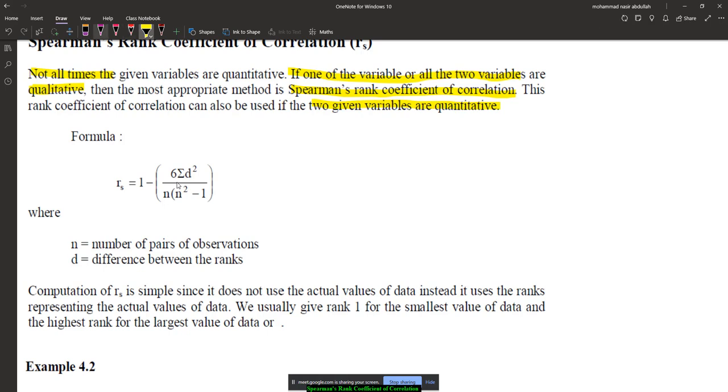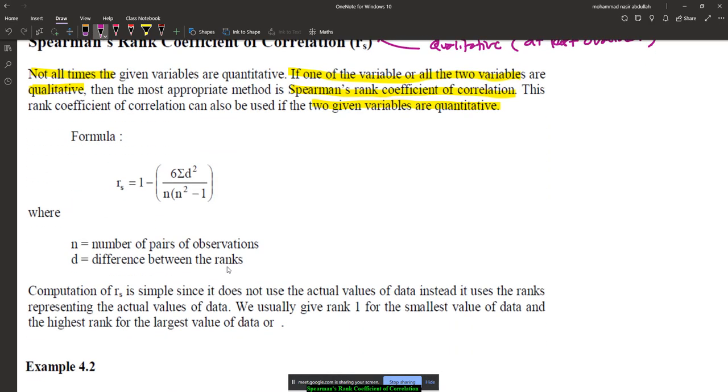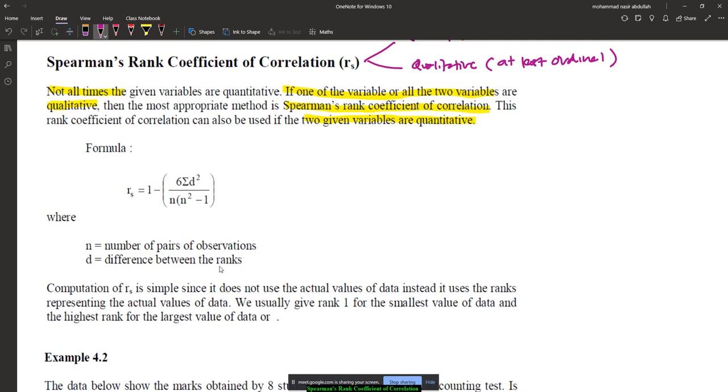So in Spearman rank, we can use it on either two quantitative variables or two qualitative variables. For qualitative variables, it should be at least ordinal scale.